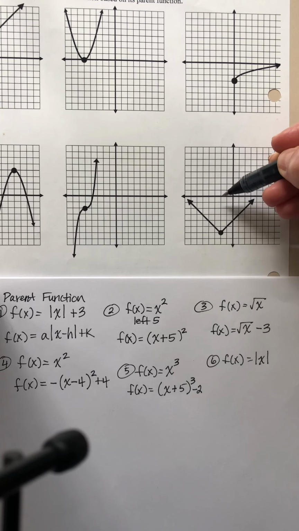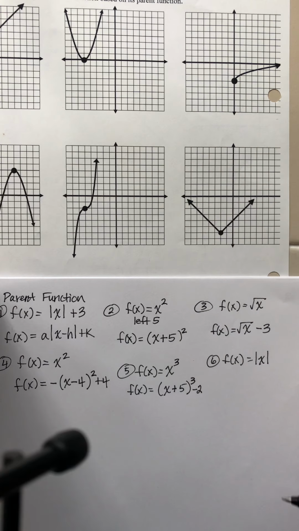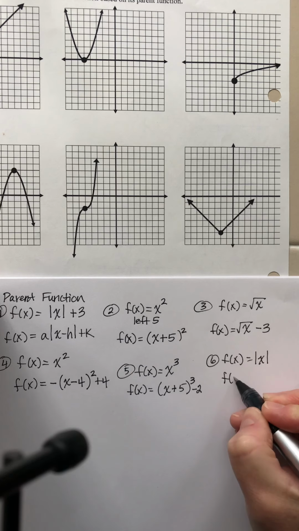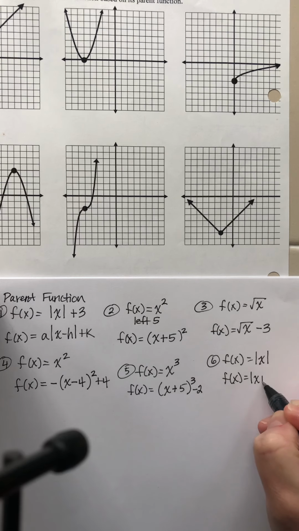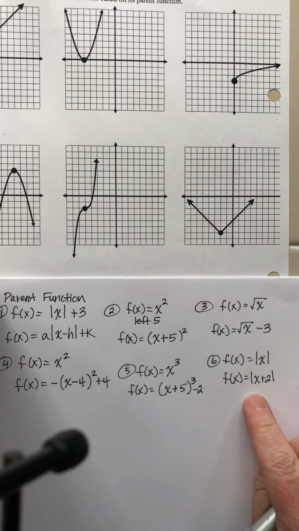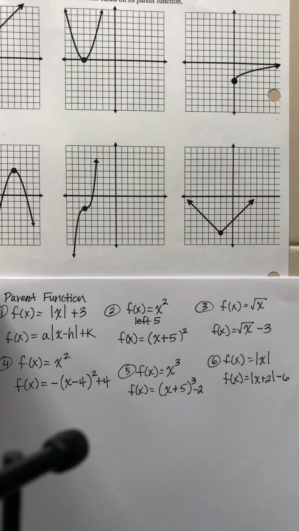So that's going to be 1, 2, and then 1, 2, 3, 4, 5, 6 down. So if I'm moving left 2, that 2 is going to be inside the absolute value with x, but we're going to change it to a plus 2. Remember, anything with x gets changed. And then minus 6. And that's how you write your equations.